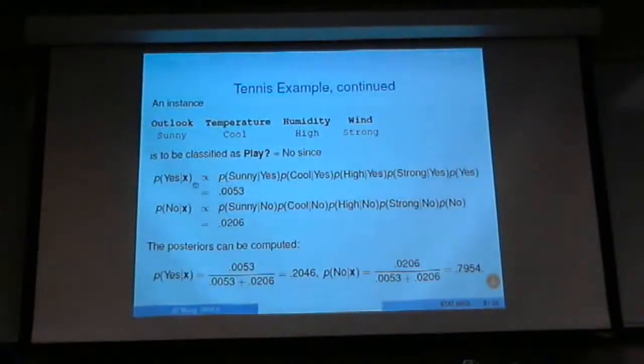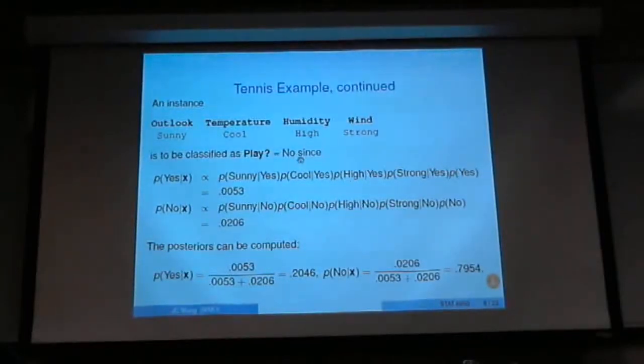Based on that, this is about 0.0053, and the posterior probability of no is 0.0206. It's more likely to be no, so the posterior probability of no given this feature vector is greater than that of yes, and that's why we classify as no. Make sense?